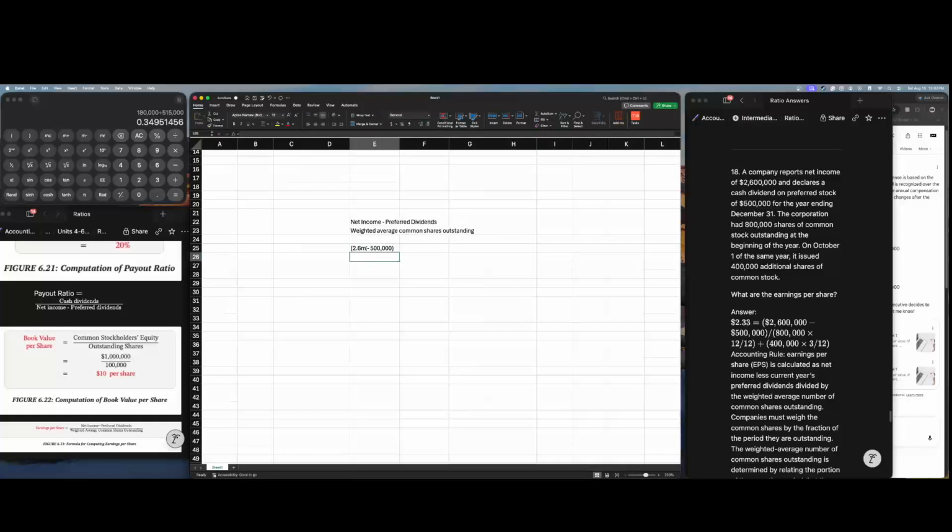They had 800,000 shares outstanding at the beginning of the year, but in October of the same year they issued 400 additional shares. Those shares would only be in effect October, November, December, so 3 of 12.